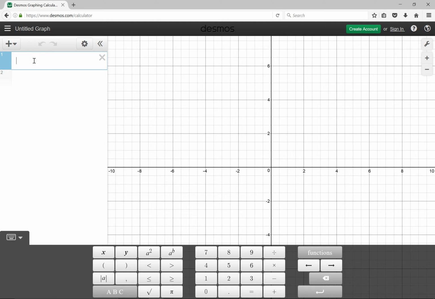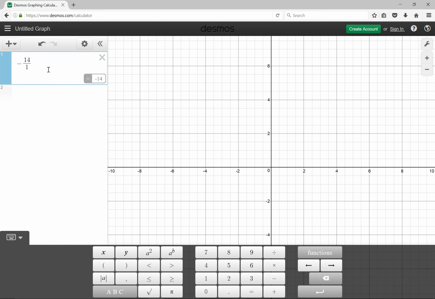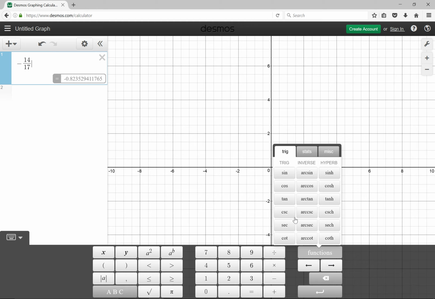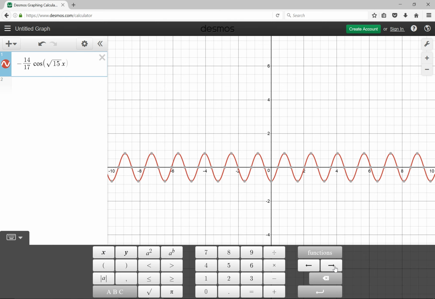Right. So, negative 14 divided by 17. I'm just going to go ahead and put cosine. When I'm all done, I'll go back and put the e to the negative t out front if you don't mind.